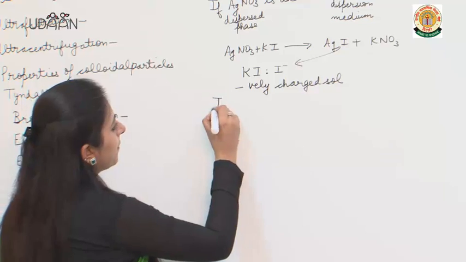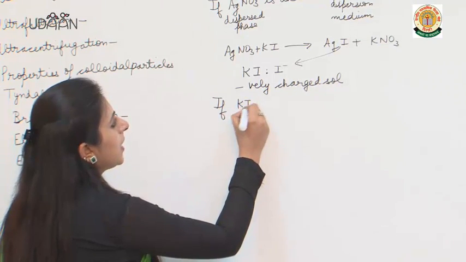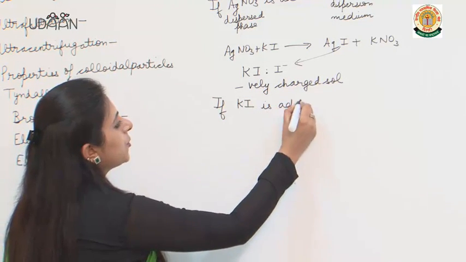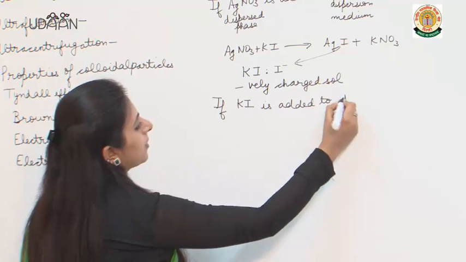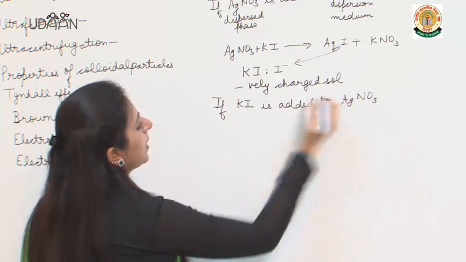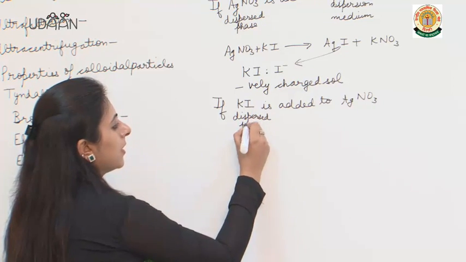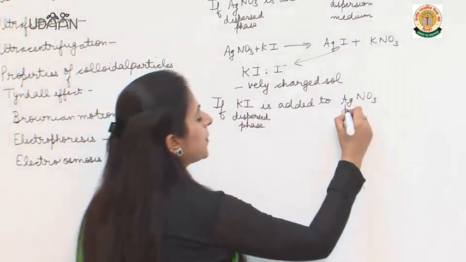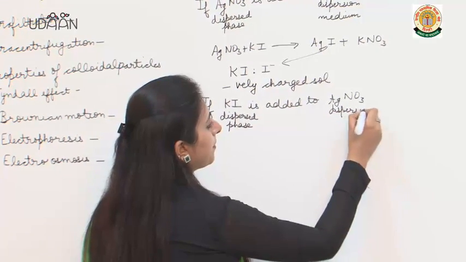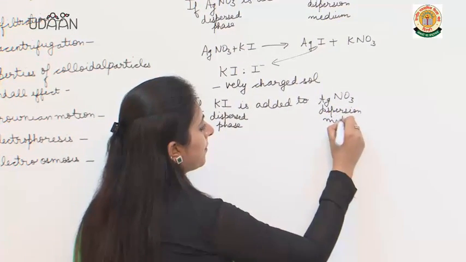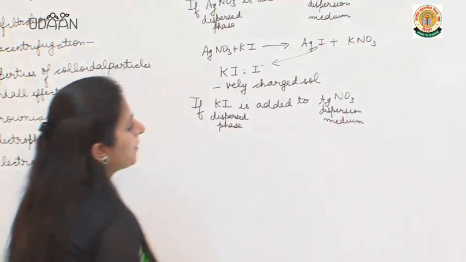Now, if KI is added to AgNO3, now what is going to happen? This is my dispersed phase and this is my dispersion medium. Now, what is going to happen?